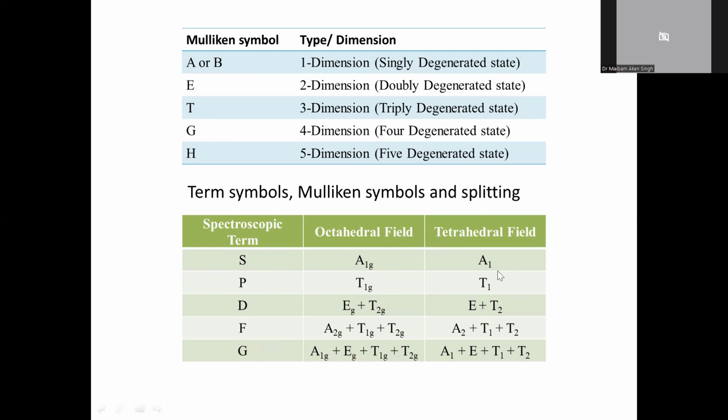Here G is absent in tetrahedral because there is no center of symmetry. That is why P gives T.